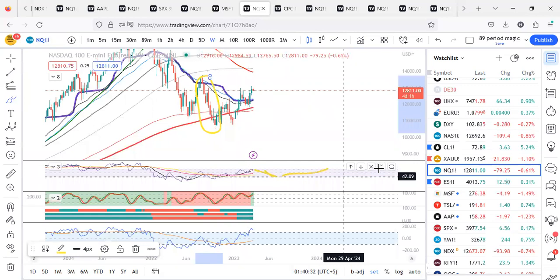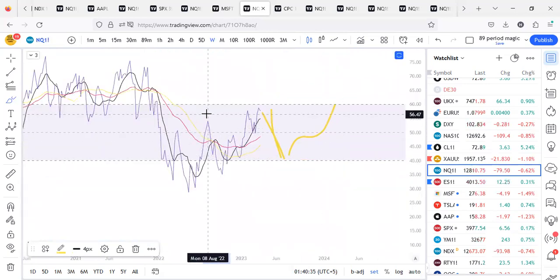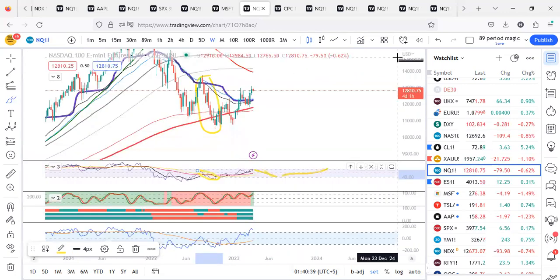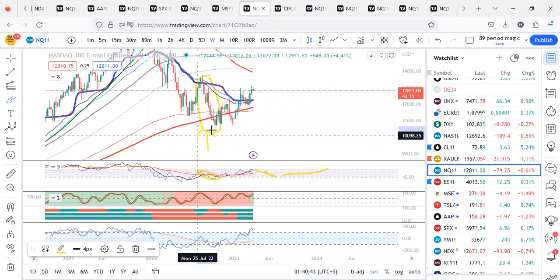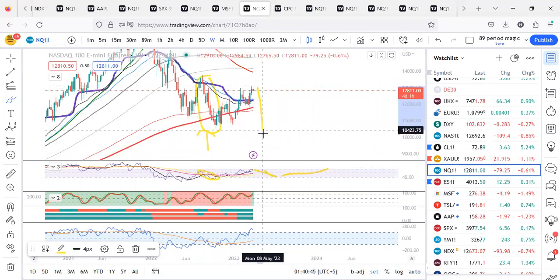Why? Because we will decline of this magnitude, and what is the corresponding price? This is the corresponding price action. So we will get the same sort of price action here. I hope you guys are understanding what I'm trying to teach you.